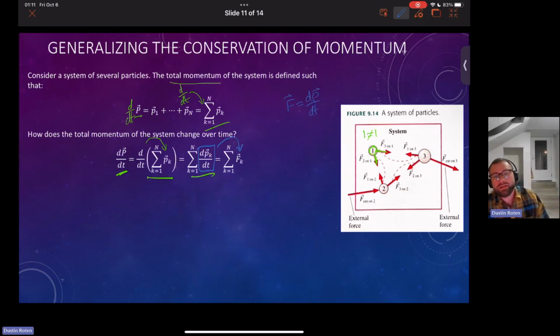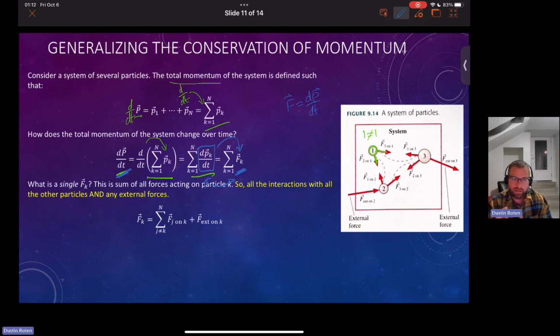So really, we're just looking at Newton's second law for each individual particle. But because we have lots of particles, we need to add all those forces up. So that's what's happening between this step and this step. We're just adding all those forces up within our isolated system, and because all this equals dp dt, that's going to tell us how the total momentum changes over time.